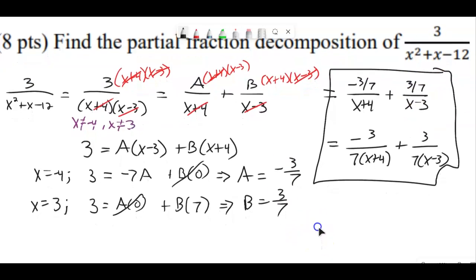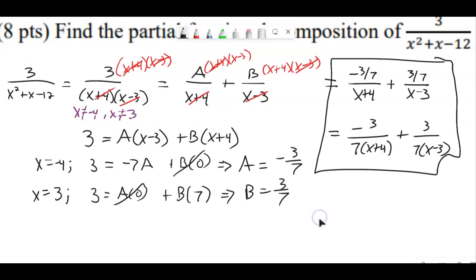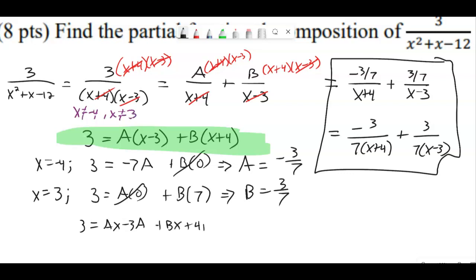Now there's another technique that you can use, and it's essentially taking from here, instead of using these secret values, distributing on the right and then recognizing that the constant terms on the right have to equal the constant terms on the left.